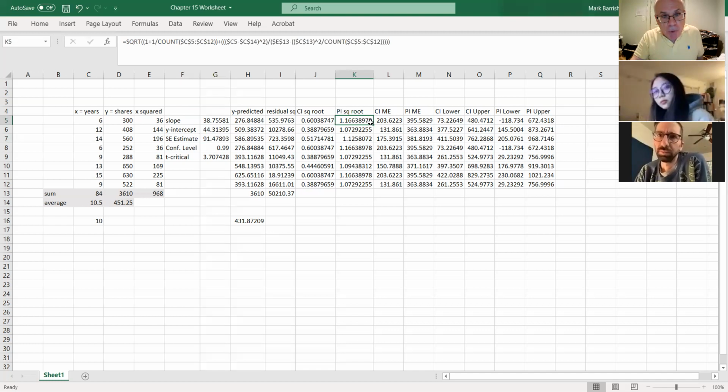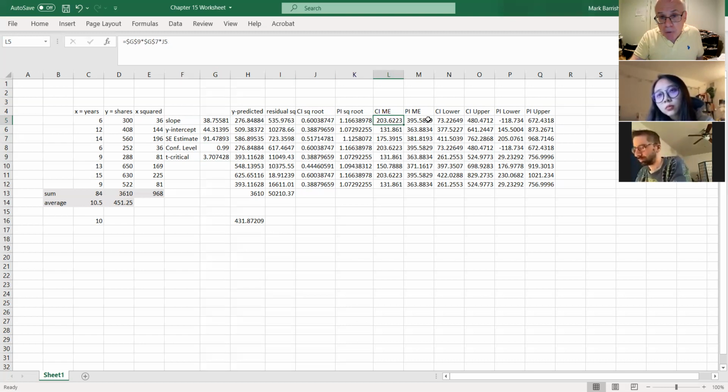The margin of error is the t times this number times either this number or this number, giving me the margin of error for the confidence interval, the margin of error for the prediction interval.